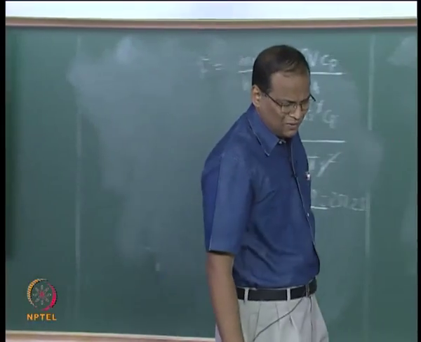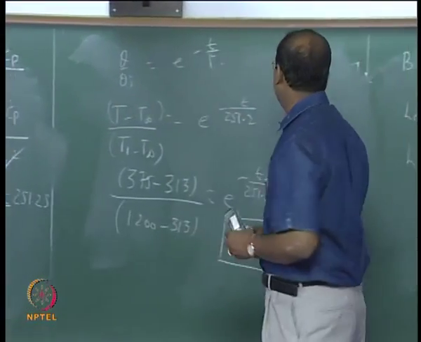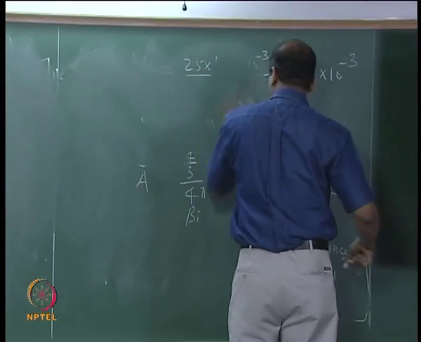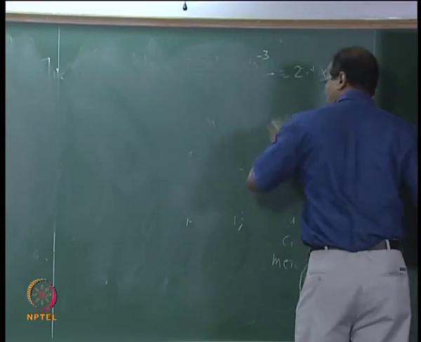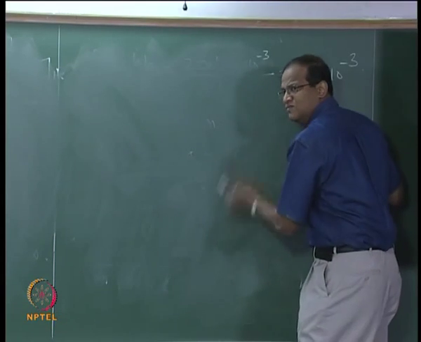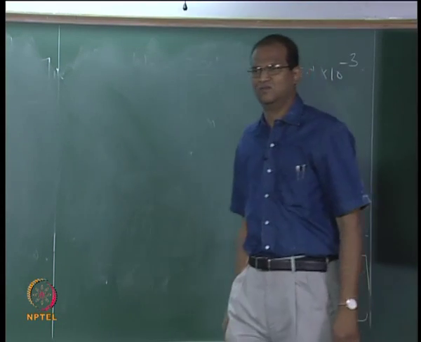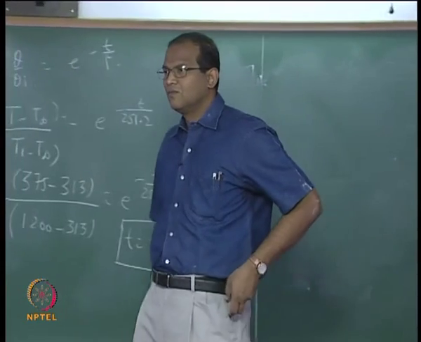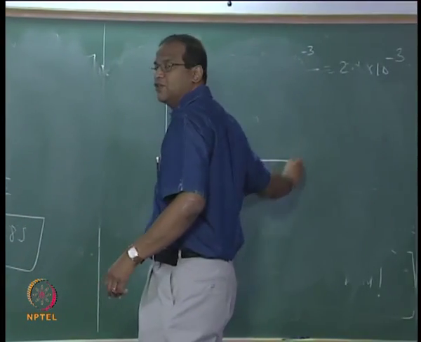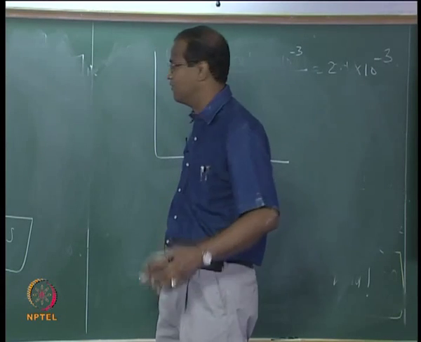Okay. Anyway, leaving the mathematics apart, what is this time constant now? It is the time required for the temperature to drop to 66% of the initial value, right?